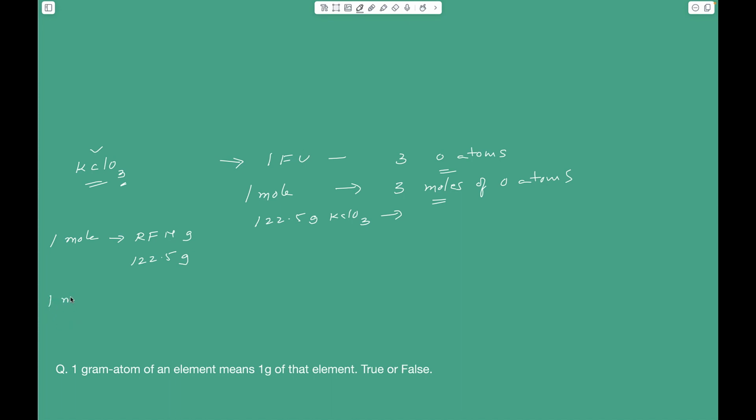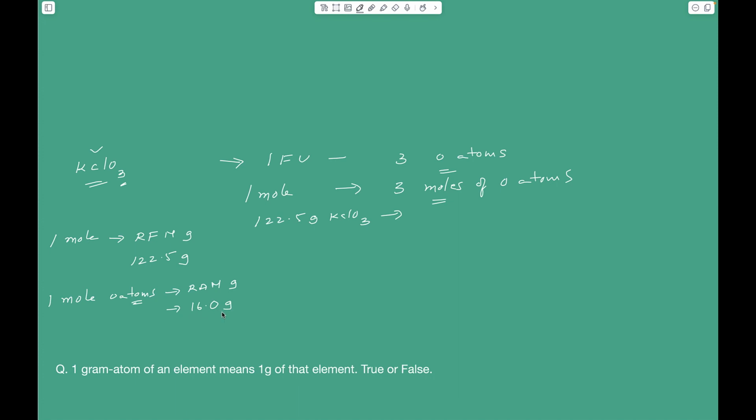By the way, what is the mass of 1 mole of oxygen atoms? Pay attention to this. Because we are talking about 1 mole of oxygen atoms, oxygen composed of oxygen atoms, it is its relative atomic mass in grams, and relative atomic mass of oxygen is approximately 16.0.